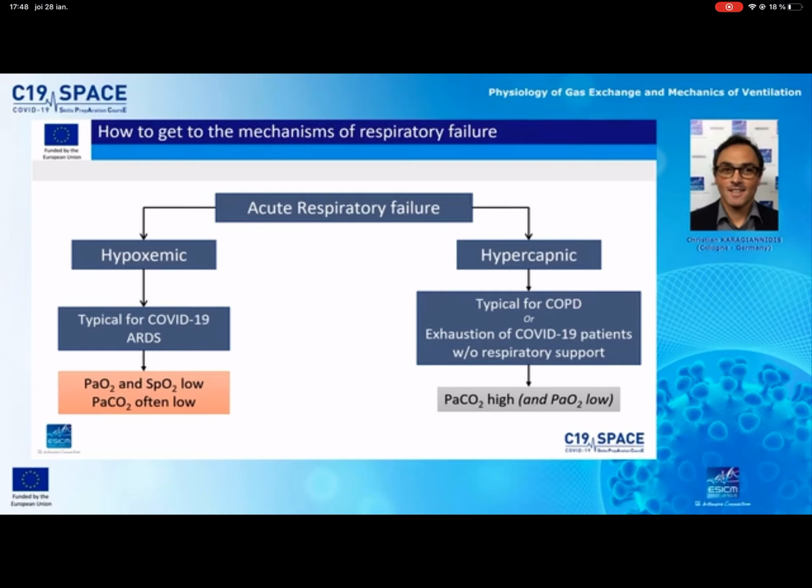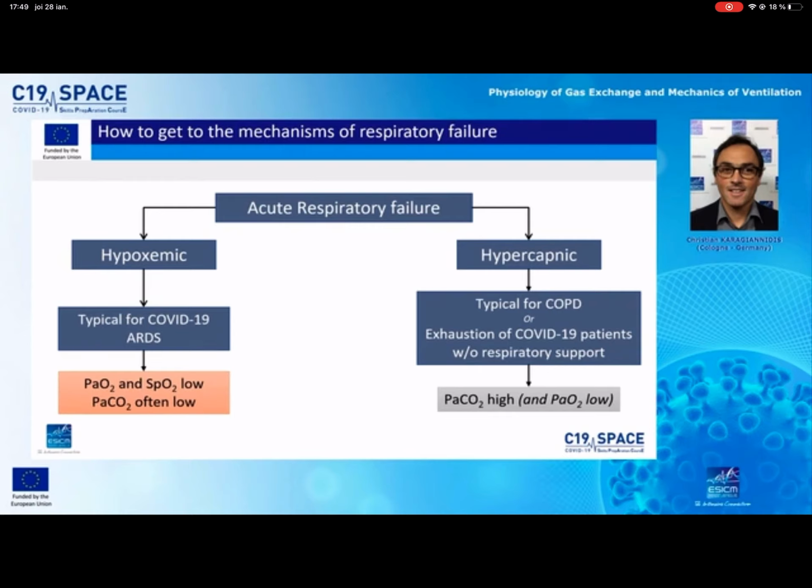If the patient presents with an acute respiratory failure, I guess you have first to decide if it's a hypoxemic or hypercapnic respiratory failure. Hypoxemic respiratory failure is very typical for COVID-19 patients, and they usually have a low PaO2 and a low saturation, and CO2 is often in the beginning low due to hyperventilation.